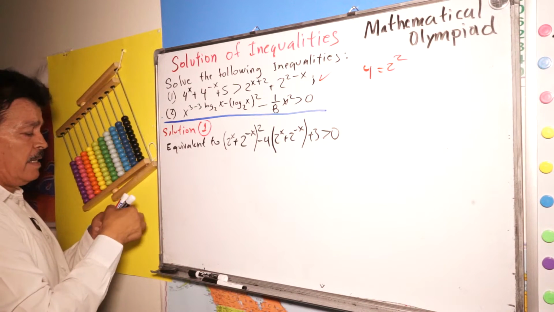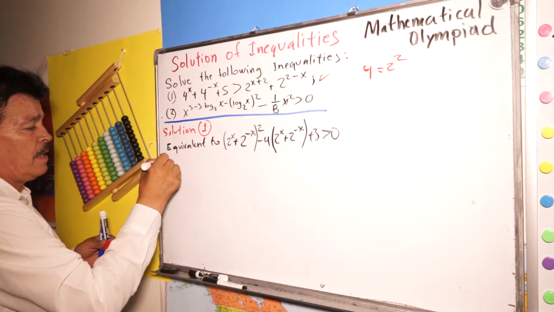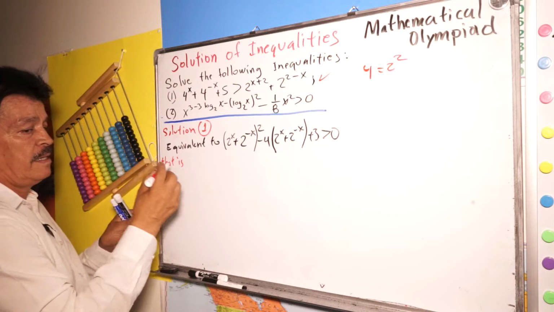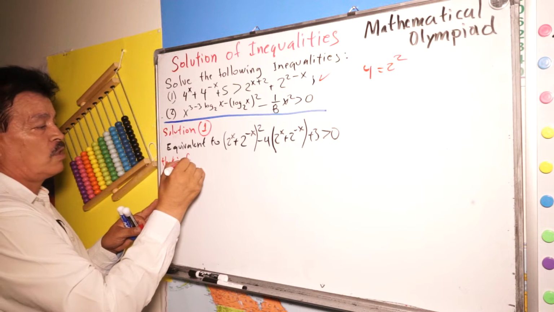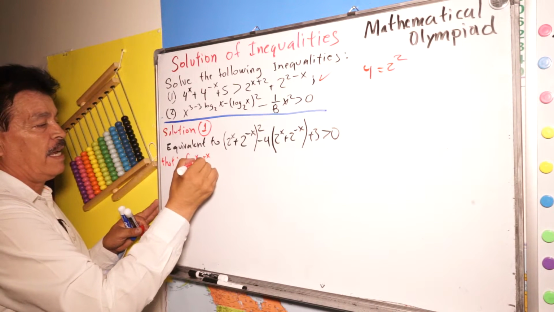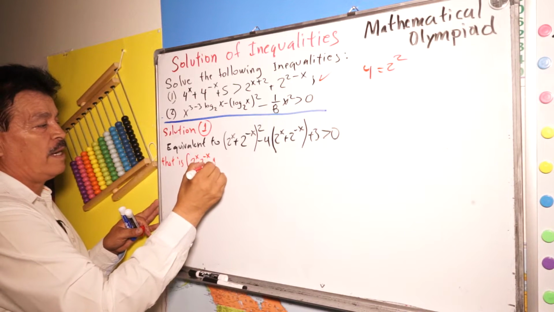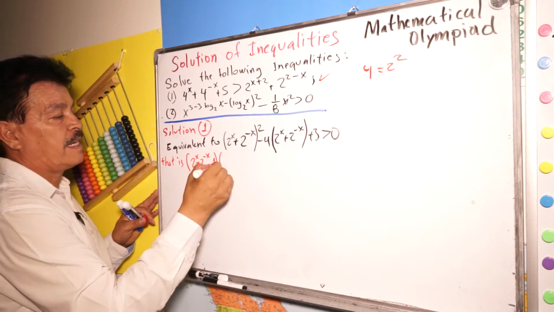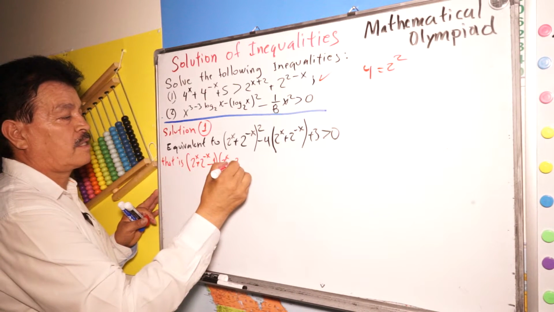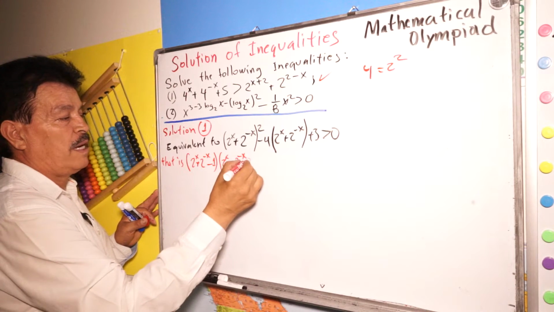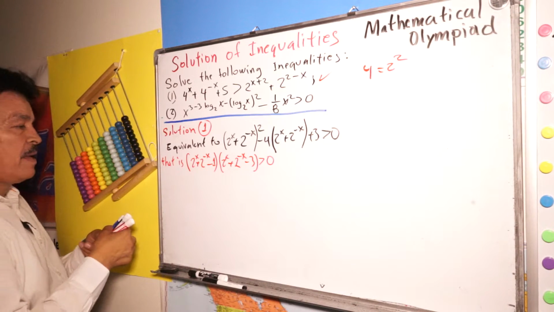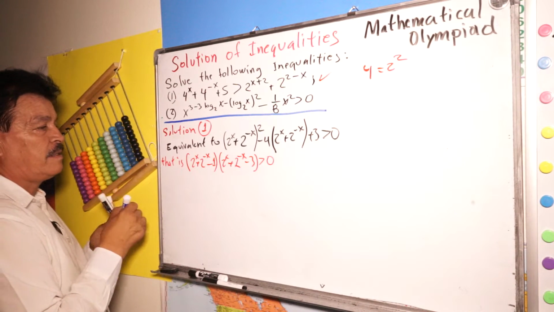Let me rewrite it again here. It's 2 to the x power plus 2 to the negative x power minus 1, times 2 to the x power plus 2 to the negative x minus 3 greater than 0.